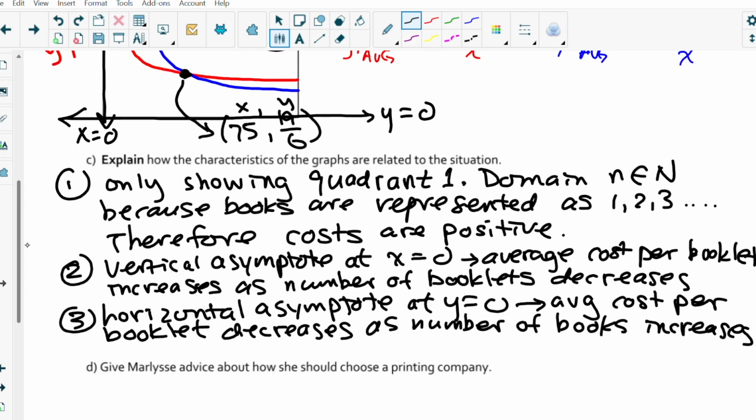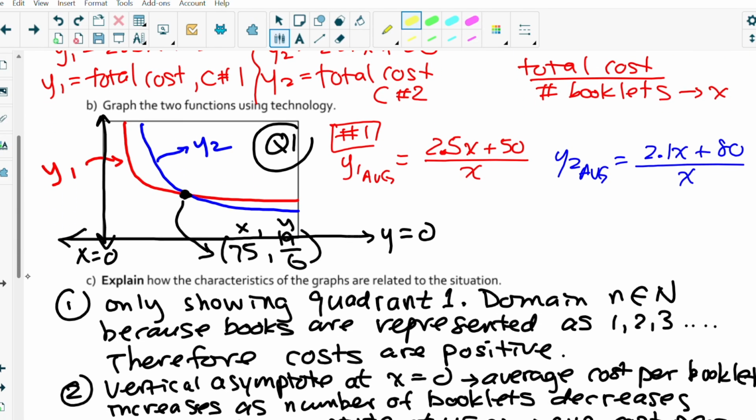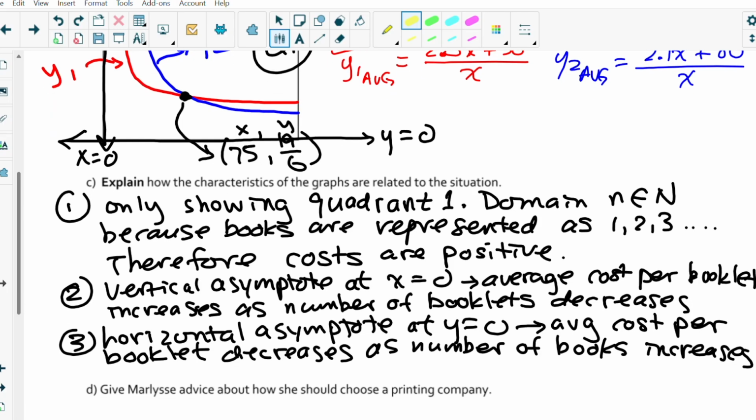That is also describing end behavior in the other direction. It kind of makes sense: the more you order, the less it costs per unit. It's like bulk purchasing. You go to Costco and buy lots and lots of toilet paper or ketchup or celery. You're going to pay less per unit the more you buy.